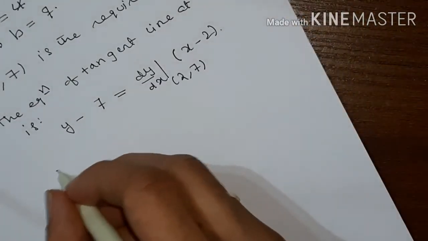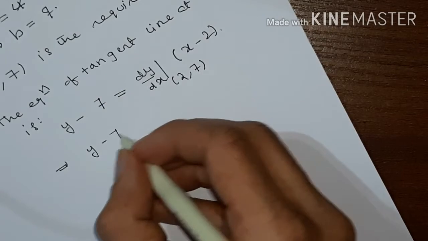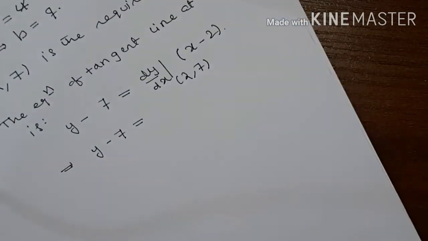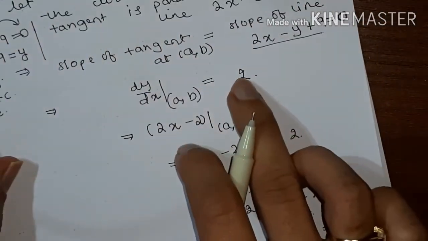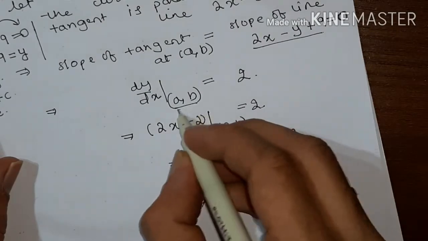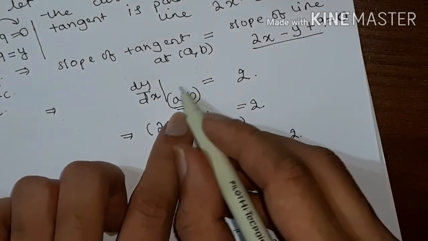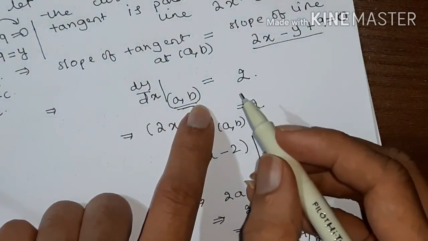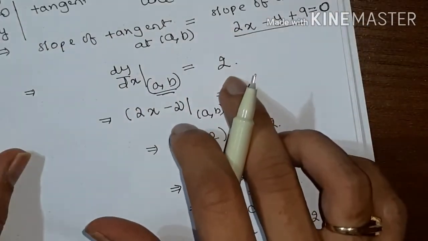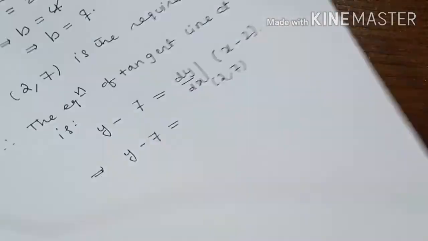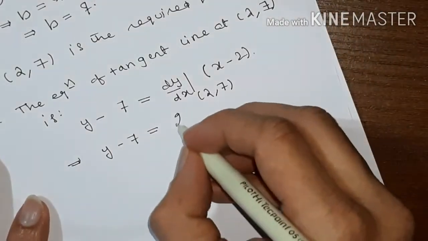So y minus 7 is equal to dy by dx at the point 2 comma 7, which is 2. Here we had not found the point a comma b, but a comma b is 2 comma 7, and at that point the slope was 2.